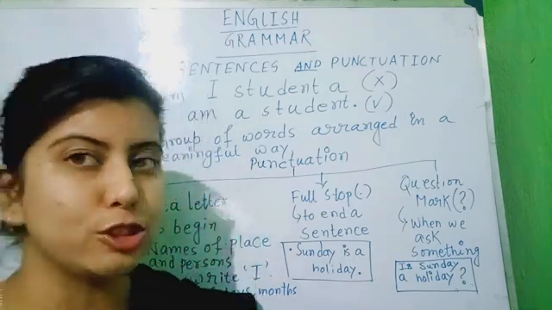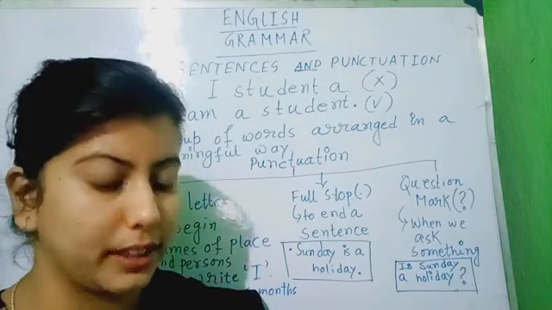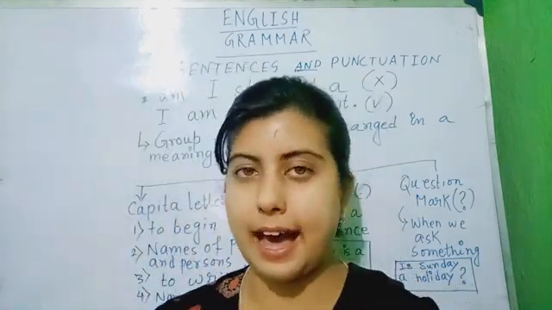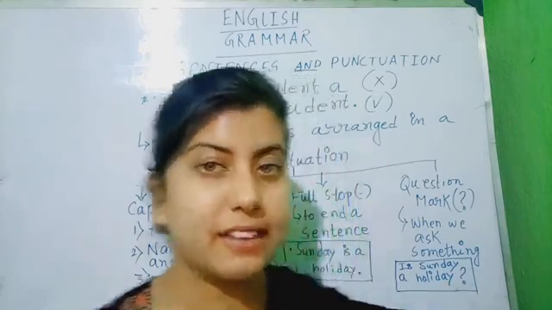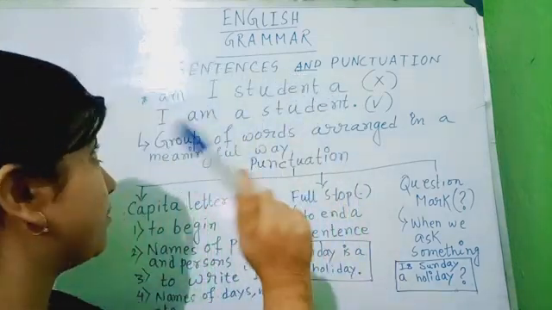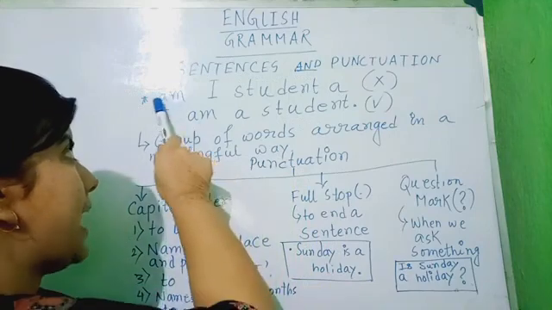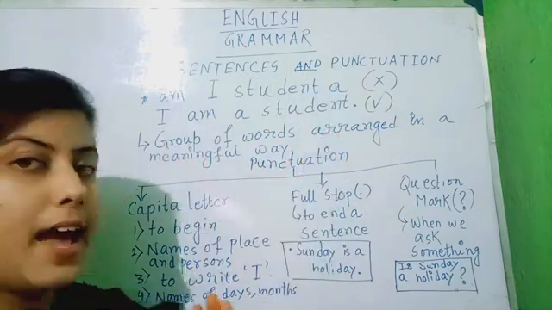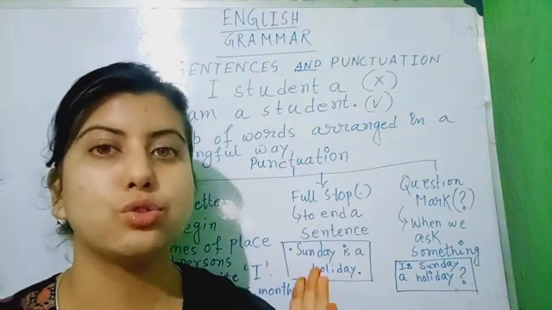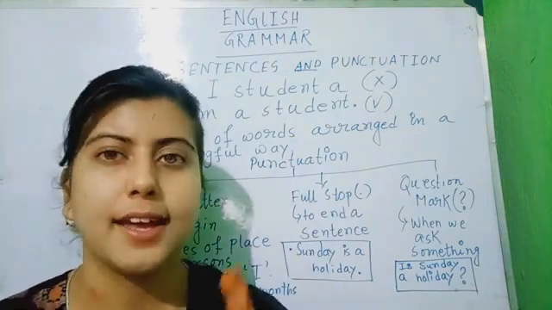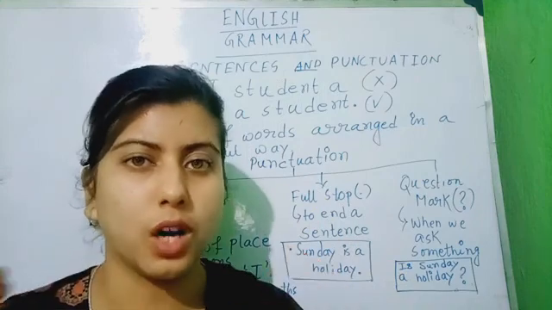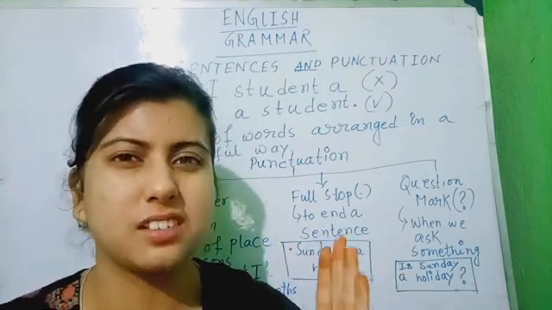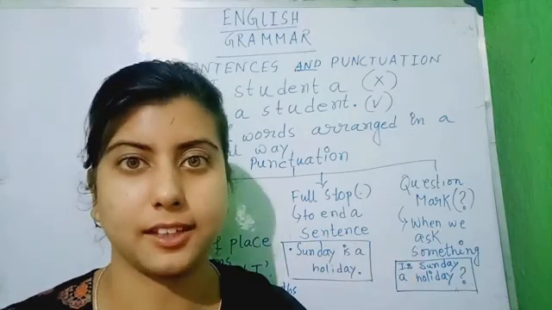Now, please look at the whiteboard. There are two lines that I have written. Let's look at them. The first one is, am I student A? These are some words that are arranged, but this does not mean anything.